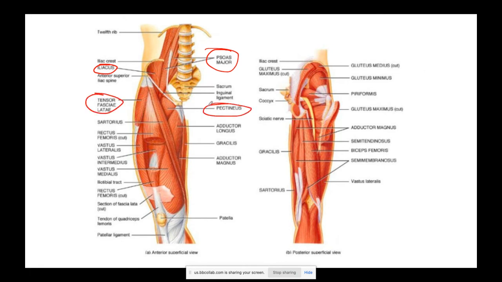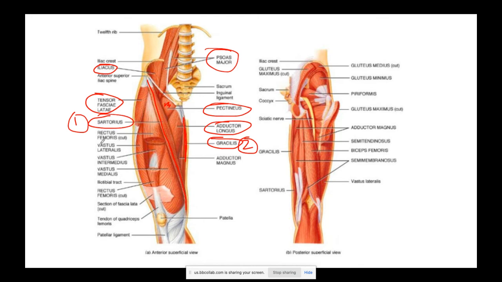You're going to see the pectineus, which is here. You're going to see the adductor longus. You'll also be able to see the gracilis, which is a medial muscle. Sartorius, which is the longest muscle in the body. Gracilis would come in second place.